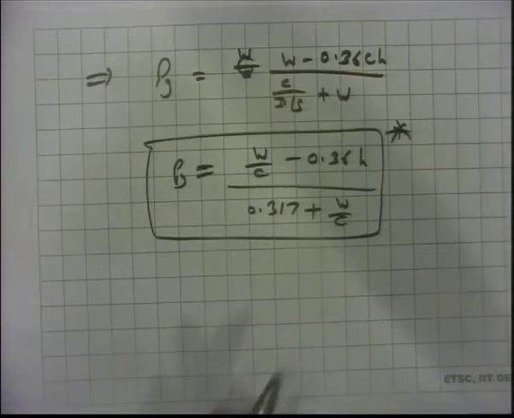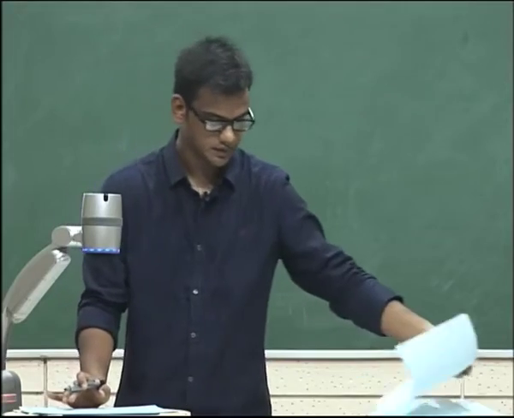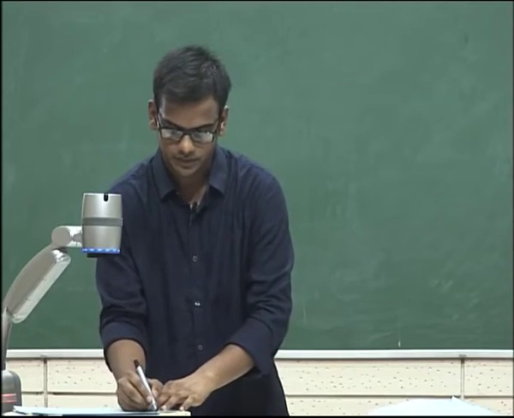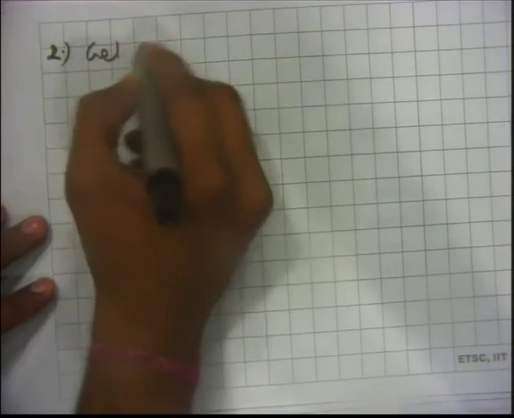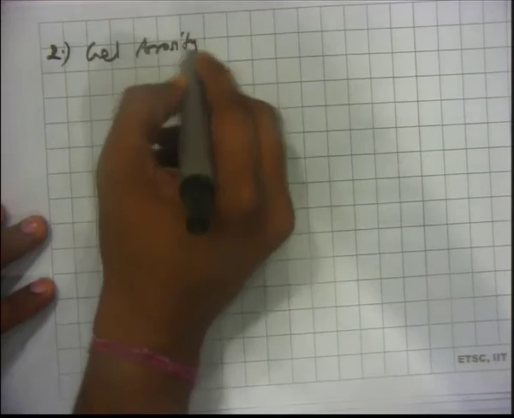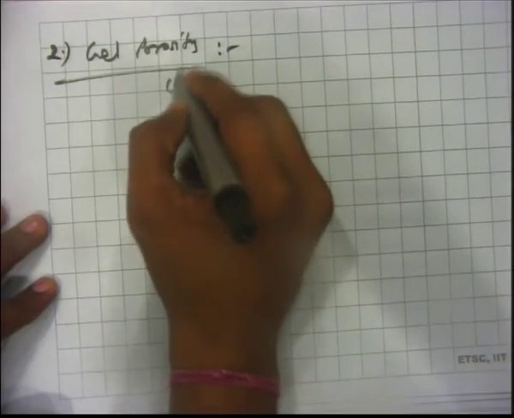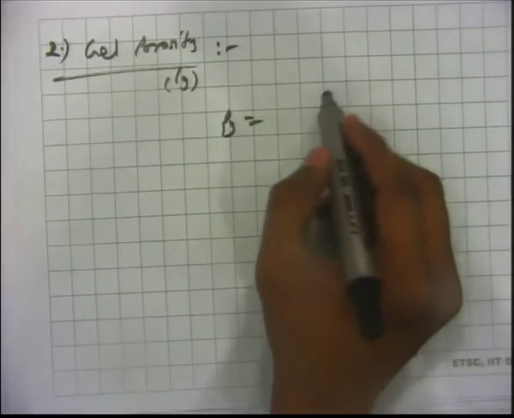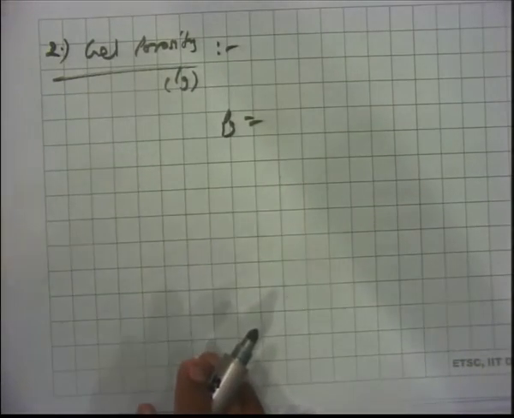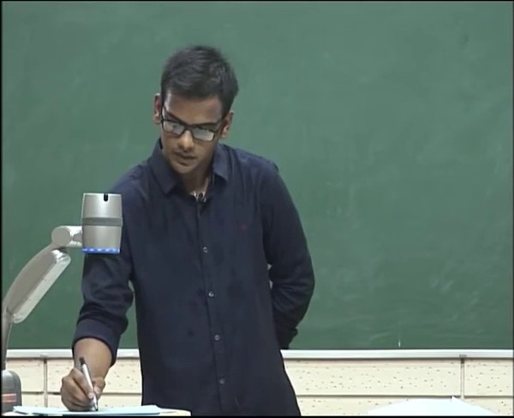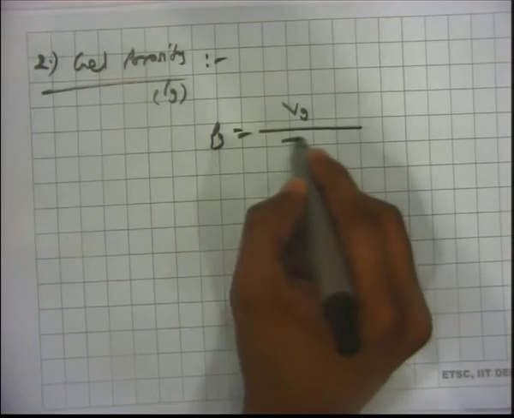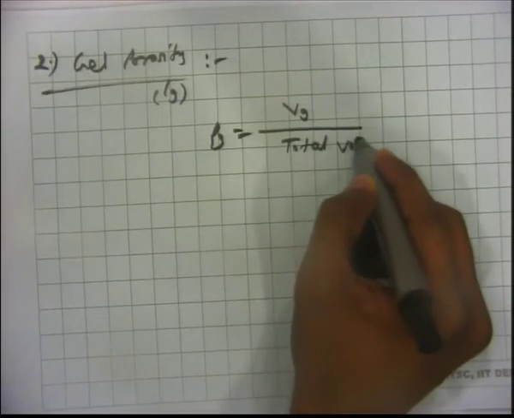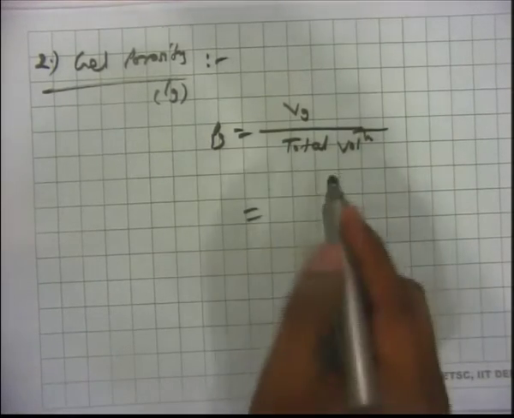Now, the second we can discuss is gel porosity, Pg. It will be nothing but the volume of gel pores divided by the total volume of cement paste. Vg we have already calculated.